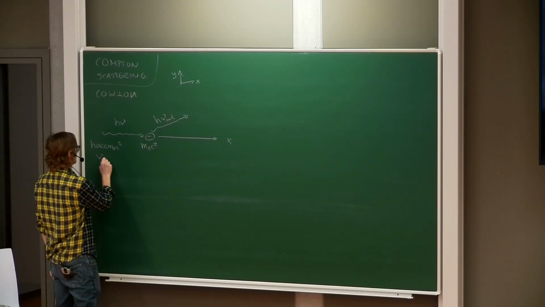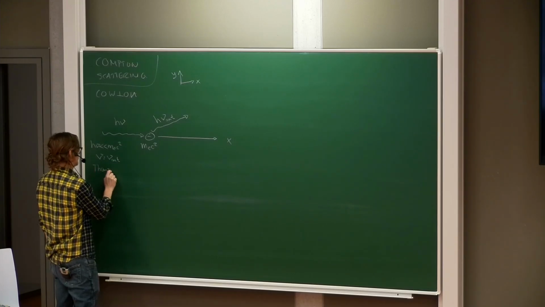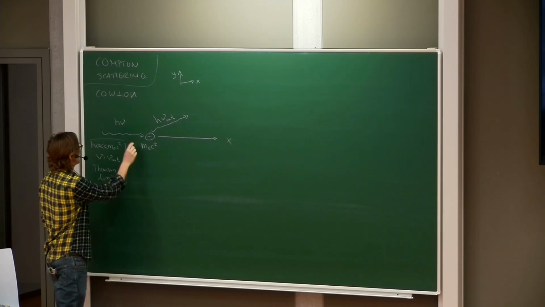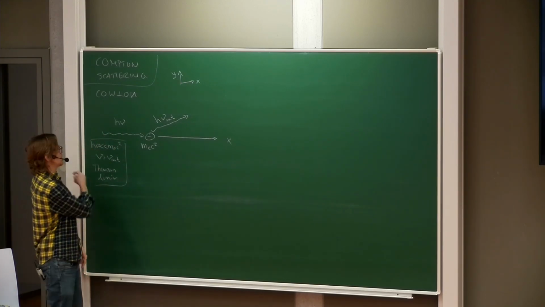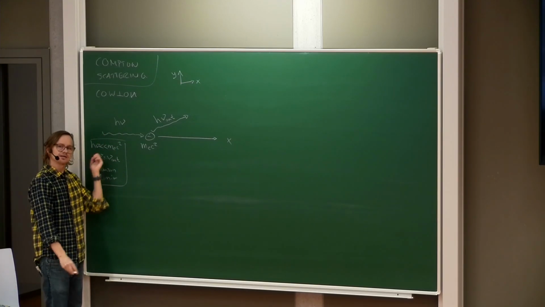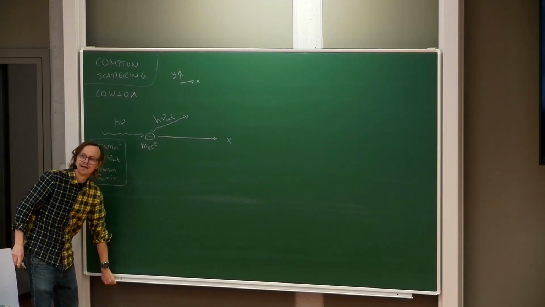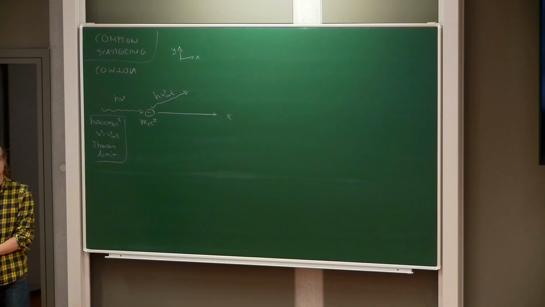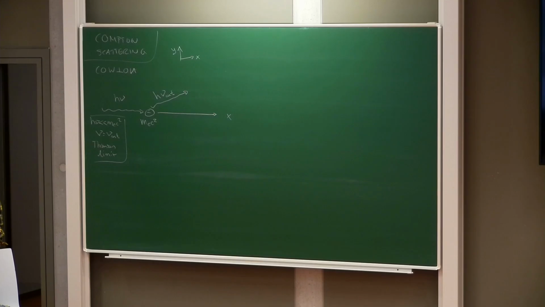And then nu equals nu out, and that was our Thomson limit, right? But, of course, if we now have very high energetic photons coming in, this might not be valid. And then we have to set up, just like in a standard collision, the conservations of energy and momentum for this system in order to calculate.